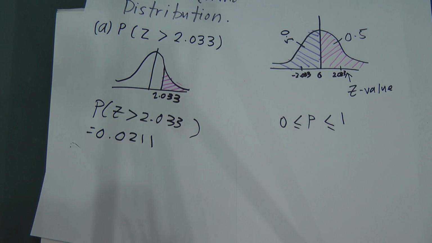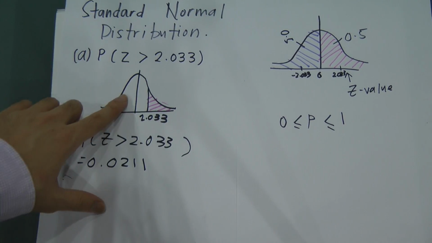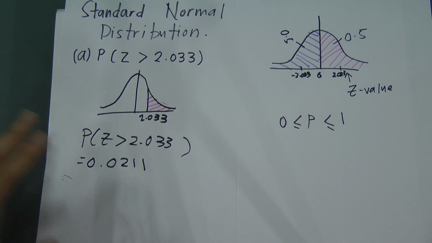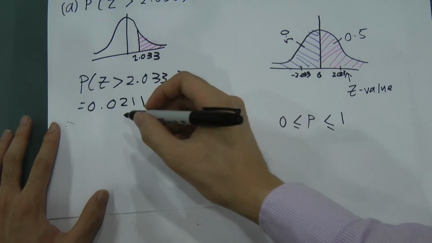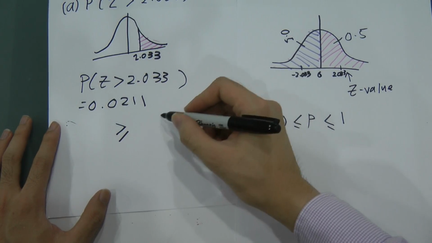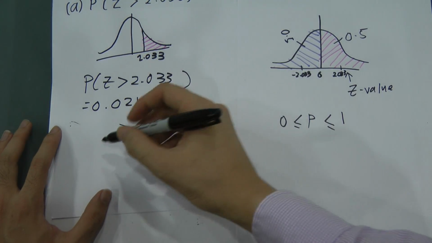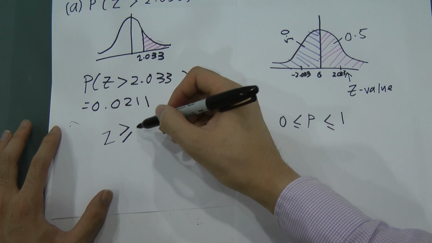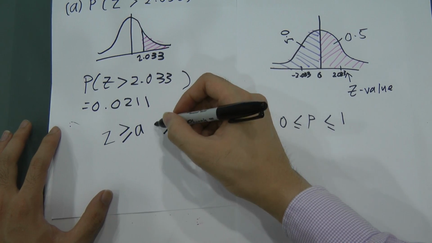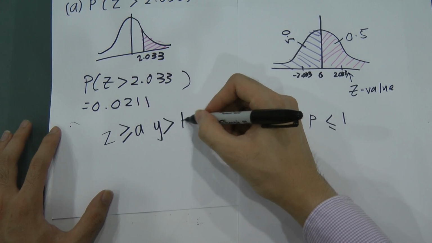And there is some extra information: in this chapter, this symbol and this symbol have no difference. Let's say you have z bigger than some value a, or y bigger than some value b.